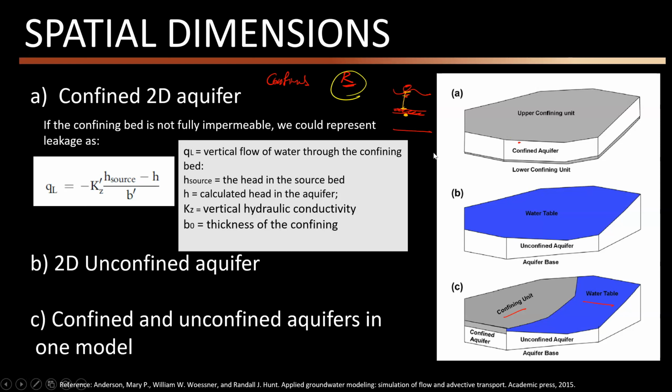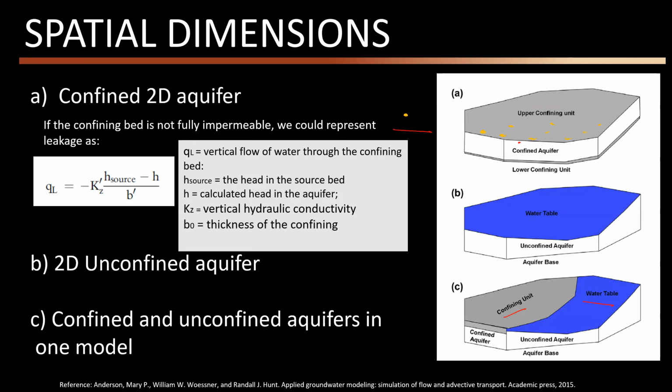So that recharge would itself be a function of x, y, and t. So it may change here, space, point by point, and also it may change temporally. This is one form of recharge for the confined aquifer.